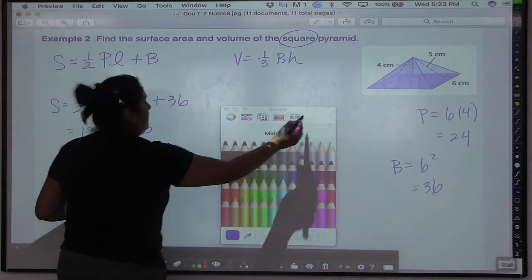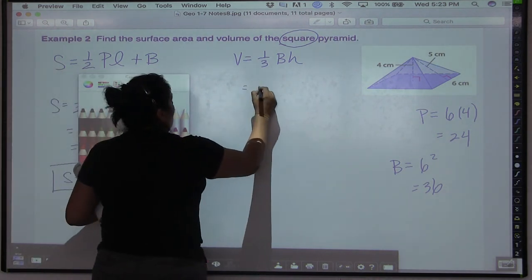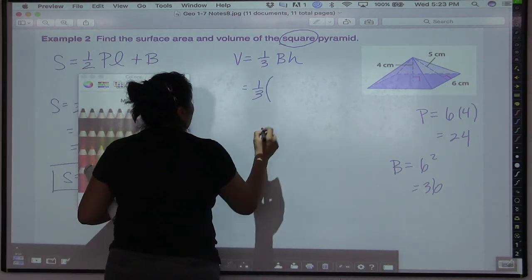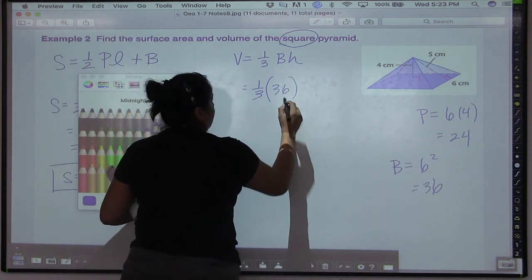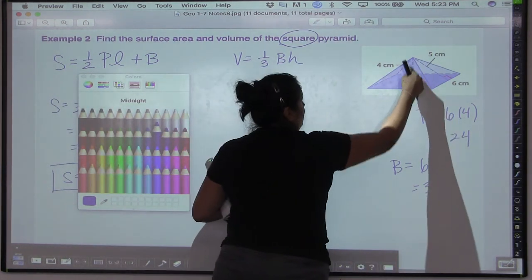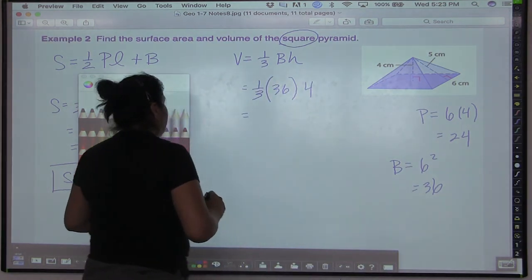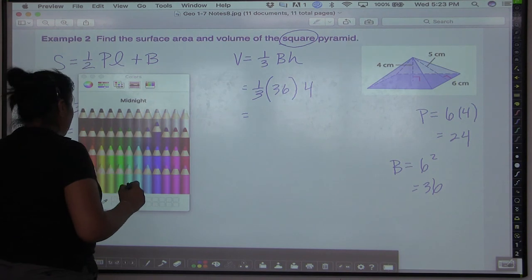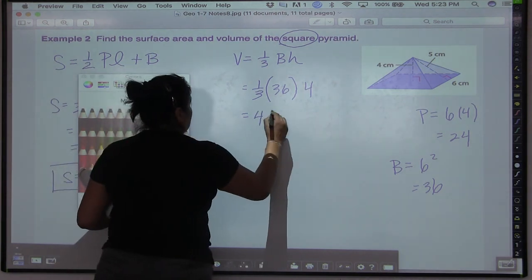Now for the volume, we're going to go with 1/3 B. It's the same B as before, so it's still going to be 36 times this time H, not L, but H, which was the 4 here. So now we're going to get 36 times 4 divided by 3, which is actually 48.